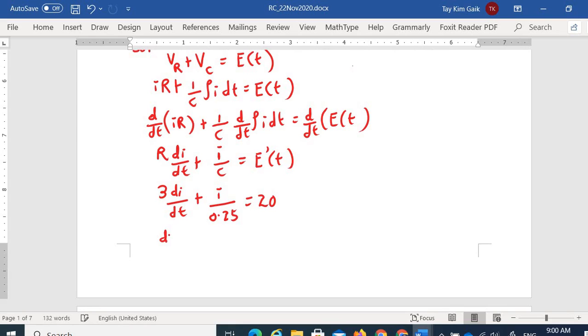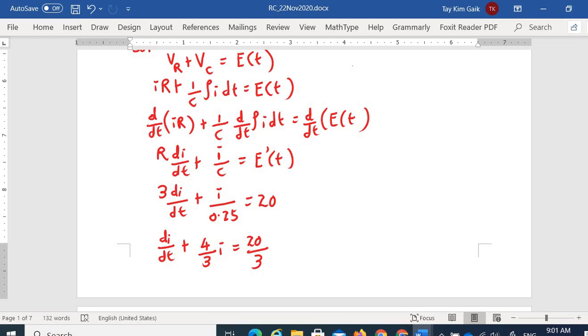So you get di dt plus 0.25 is 1 over 4, so 1 over 4 of 4, so 4 divided by 3, I equal to 20 divided by 3. So this is a first order differential equation in terms of current I.